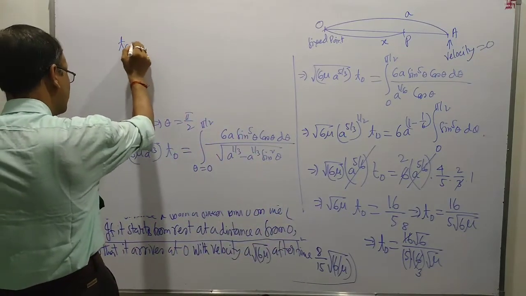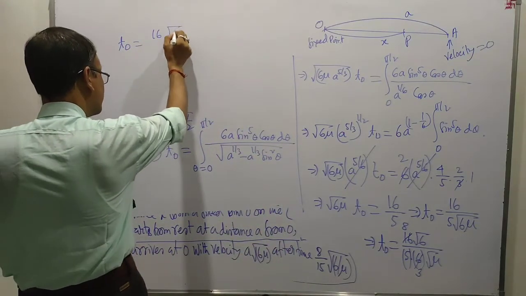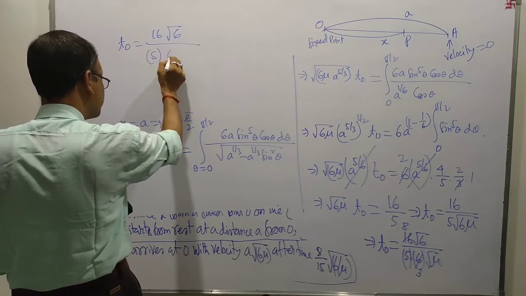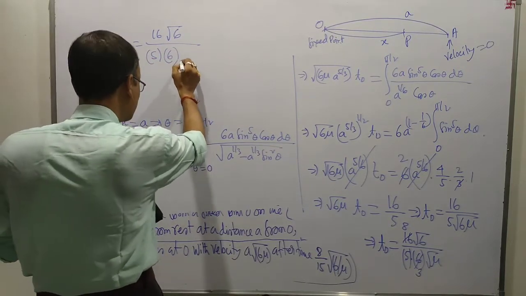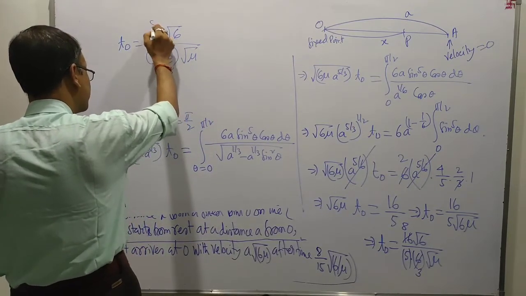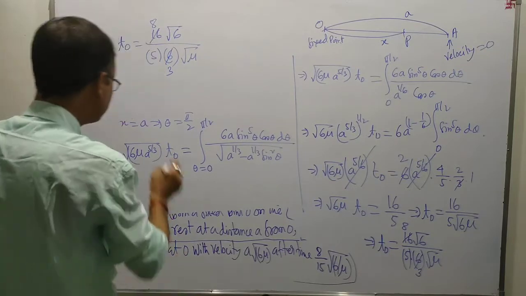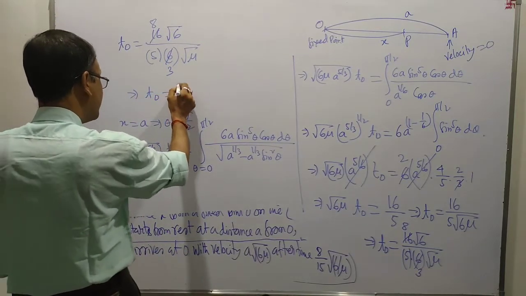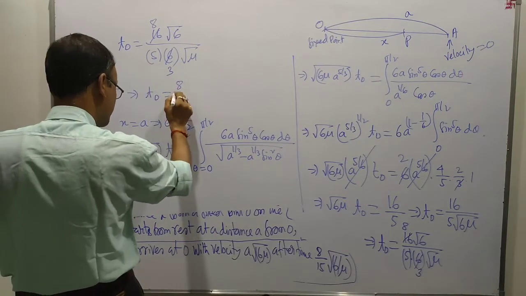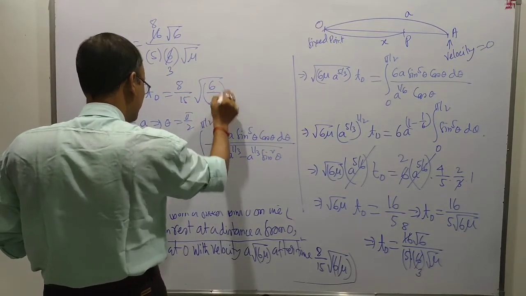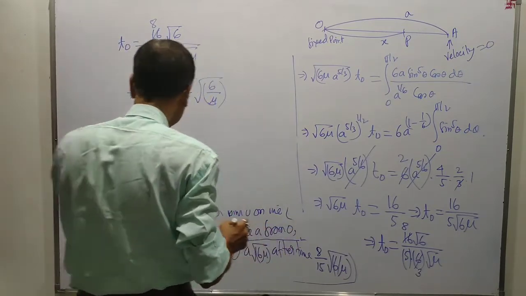T naught equal to what we have written, 5 into 6 into root over mu. It will be 3, it will be 8. Is not it. This means T naught equal to 8 by 5 into 3, 15, root over 6 divided by mu.